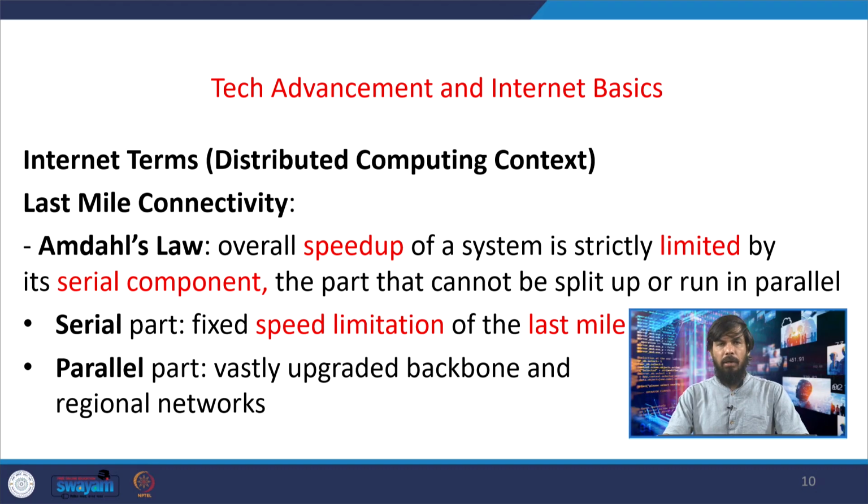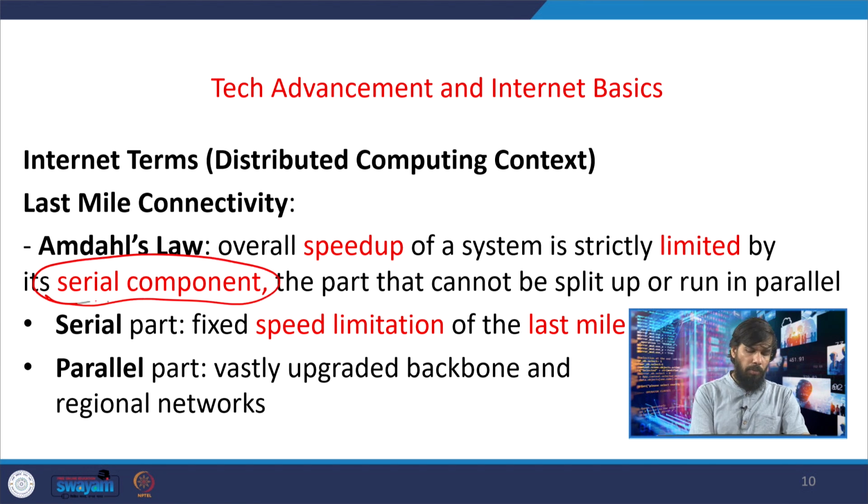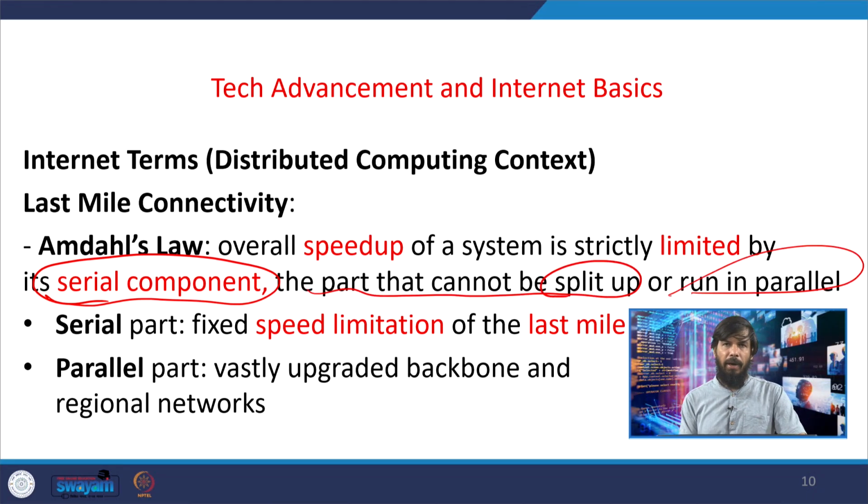What does Amdahl's law say? It says that the overall speed up of a system, when we are looking to speed up a system, would be strictly limited by its serial component, right. If there is a serial component in the system, the speed up will be limited by that component, because it is the part that cannot be split up or run in parallel.